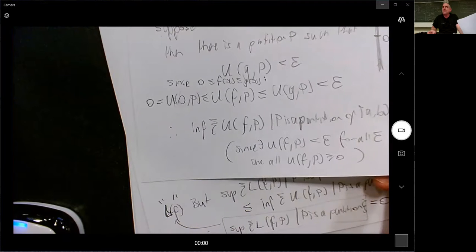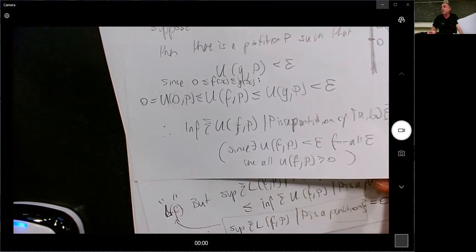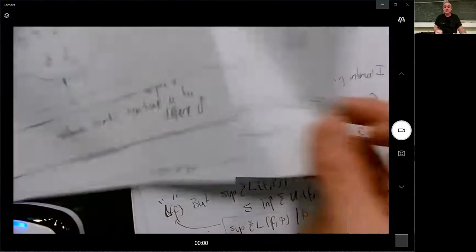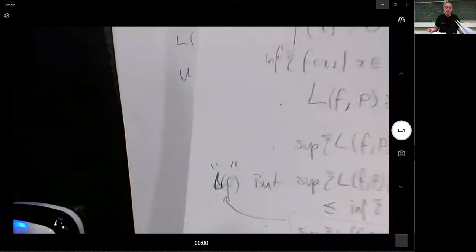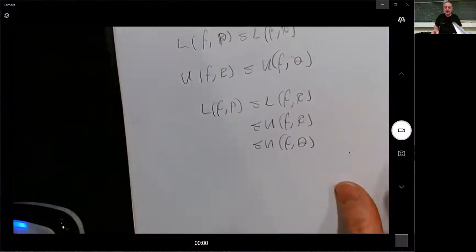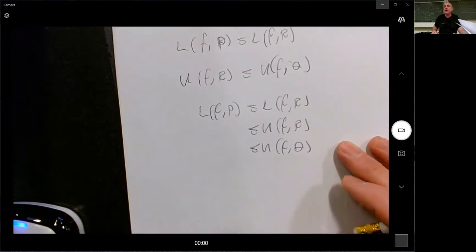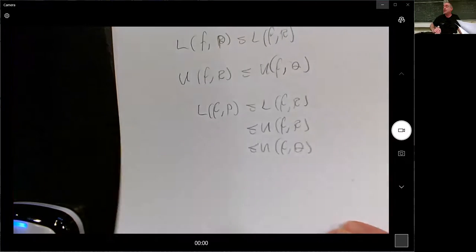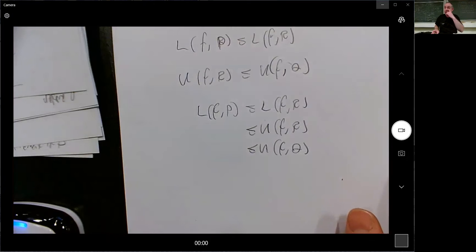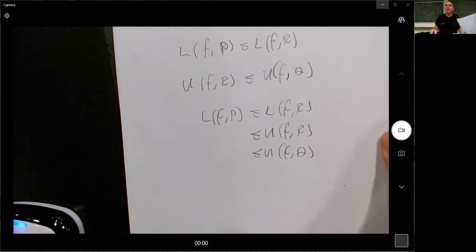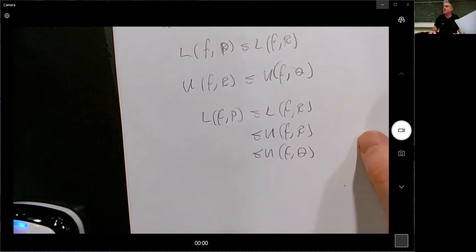And go, well, those are things I have to know because I have to be able to use them when I need them. Yeah. So there's a summary that you could make of facts that are true about upper and lower sums, regardless of whether the integral actually exists or not. They are useful facts to know about. And also facts that are true about infimums and supremums and that sort of thing.